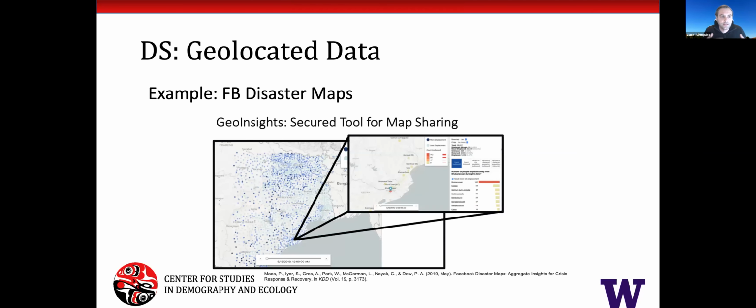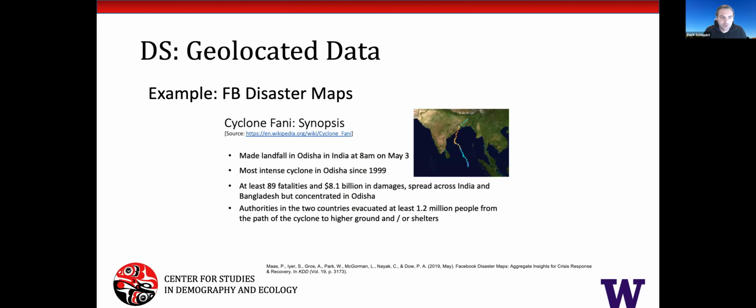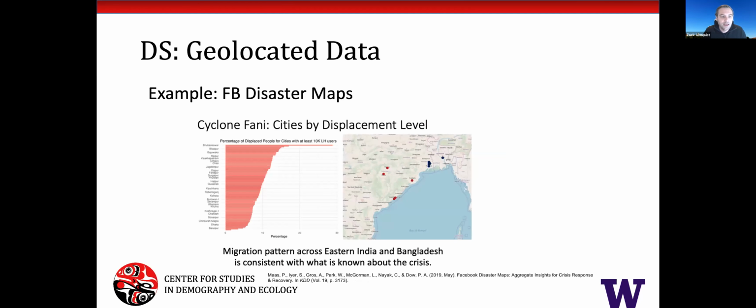One of the things the Disaster Maps group does is generate a map like this, and they've extended it to have some gender estimates. So you can see how the Facebook geolocated population moves over a country. Let's take, for example, Cyclone Fani: a big disaster, a number of fatalities, billions in damage, 1.2 million people displaced.